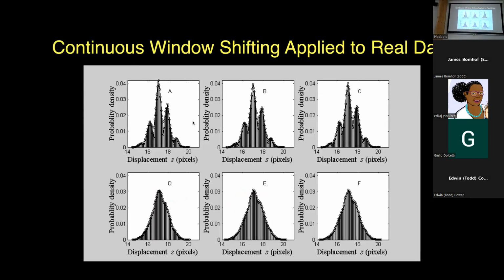Here's an example of the original Gaussian subpixel fit. Here's the bilinear and bicubic. But if we move to the spectral interpolation methods, we see that we recover essentially the Gaussian peaks, eliminating the peak locking. We haven't yet applied this to our surface velocimetry techniques, but as we push deeper into the turbulence, this is going to be an important aspect of improving our calculations.